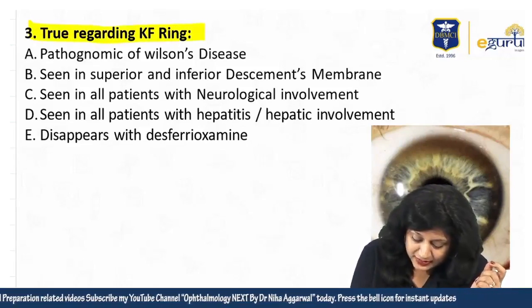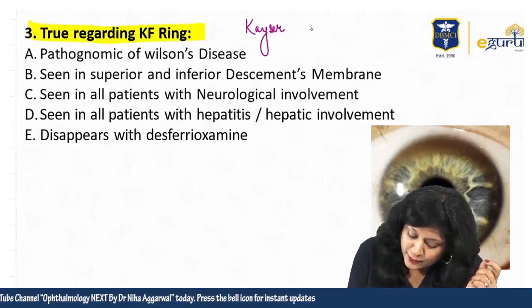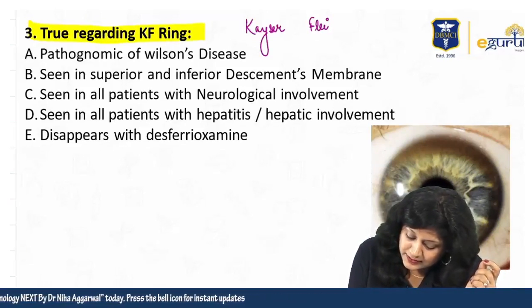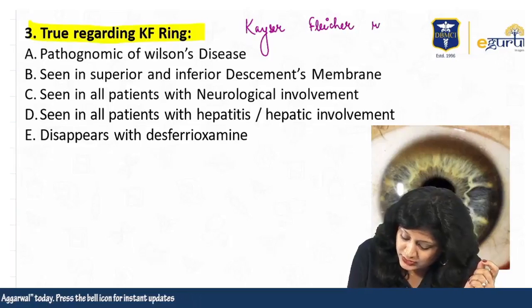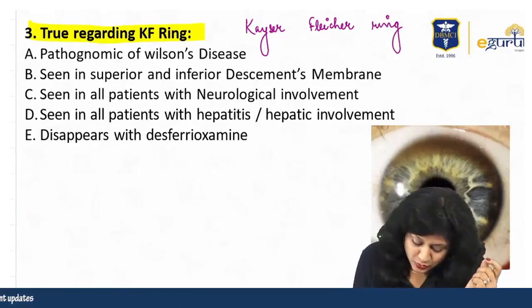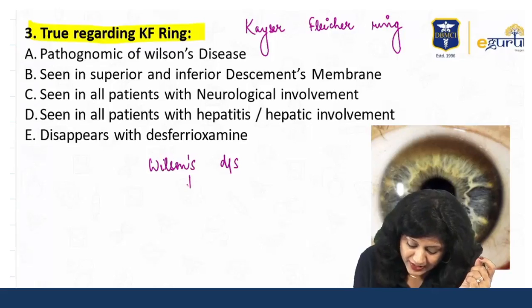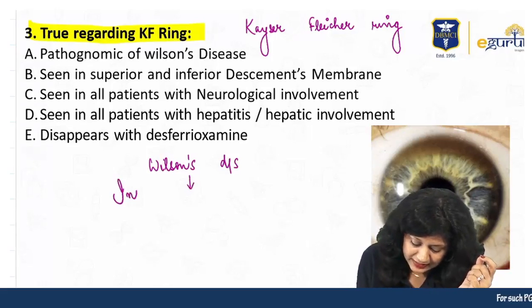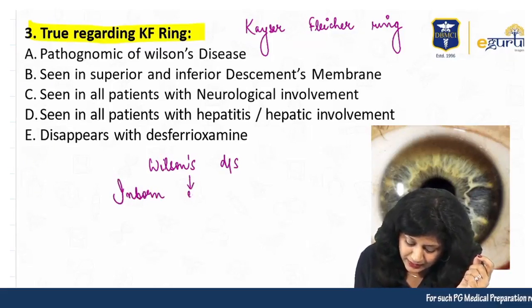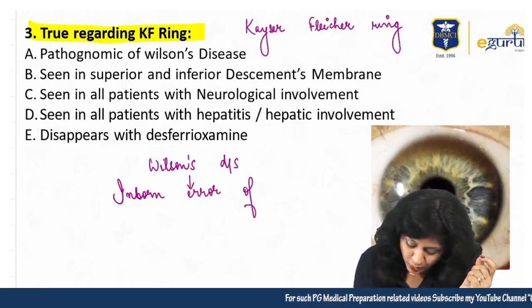What is the KF ring? It is the Kayser-Fleischer ring. And where do you get this? You get this in Wilson's disease, where you get an inborn error of copper metabolism.